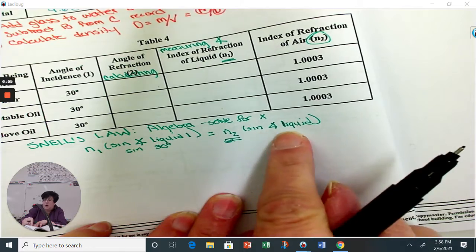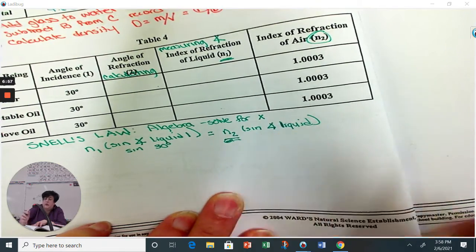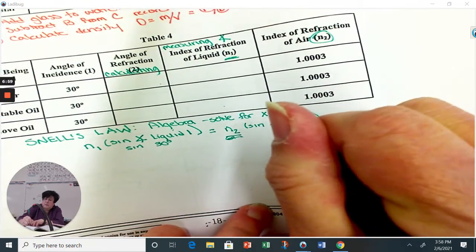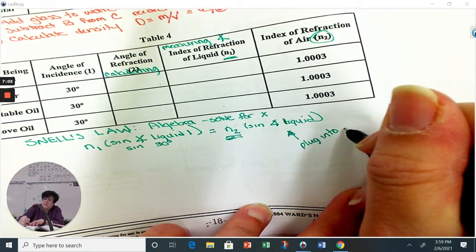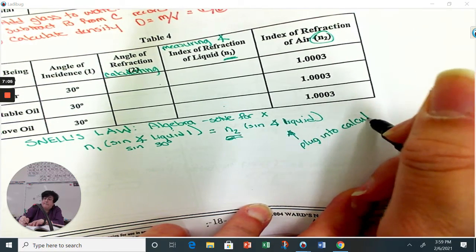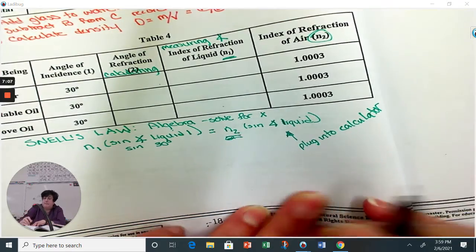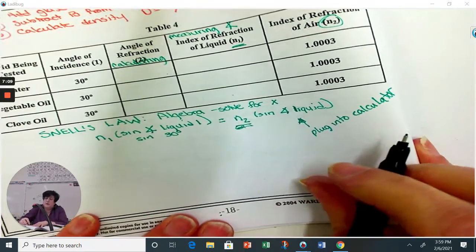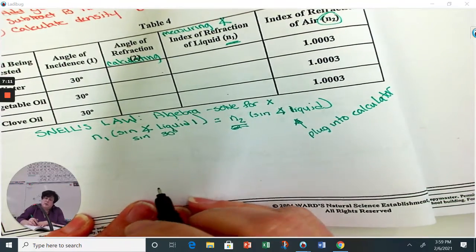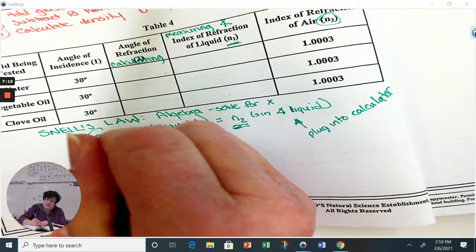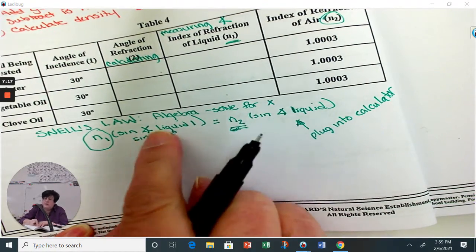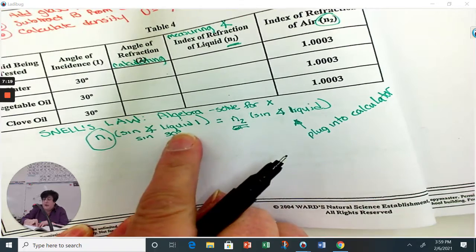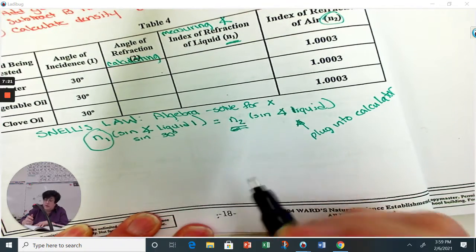This is the tricky part. You have to know how to plug it into your calculator. Okay, so we are solving for this. If I need to get that all alone, I have to divide both sides by this value, and it's a function on your calculator.